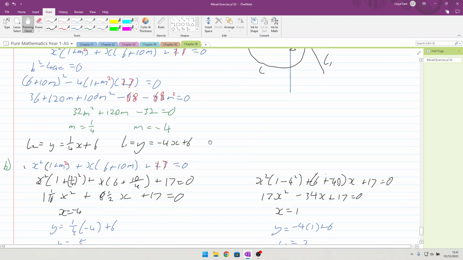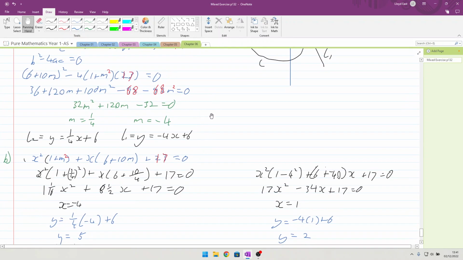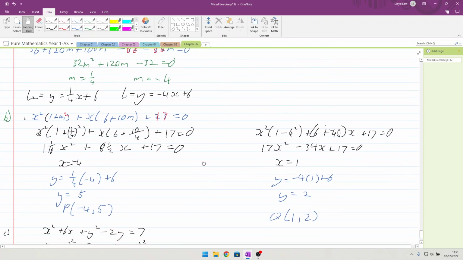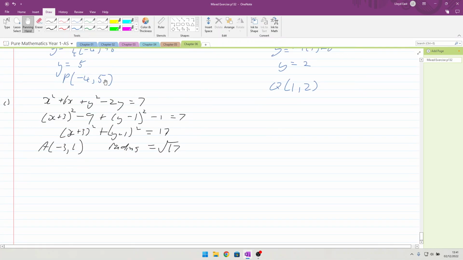P and R. So point P, did I write point P down somewhere? There it is, minus 4, 5. P is minus 4, 5. R is 0, 6.